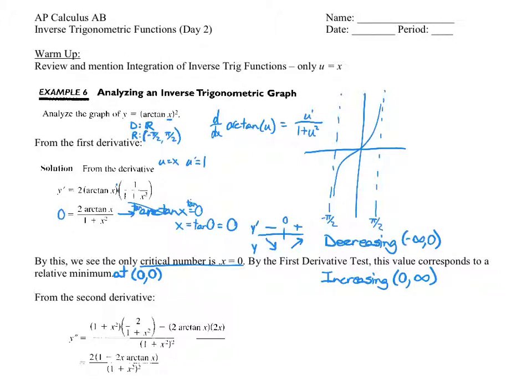The derivative of 2 arctangent is 2 over 1 plus x squared, times the denominator, 1 plus x squared, minus the numerator, 2 arctangent of x, times the derivative of the denominator.